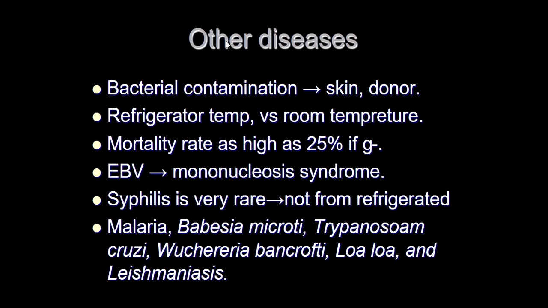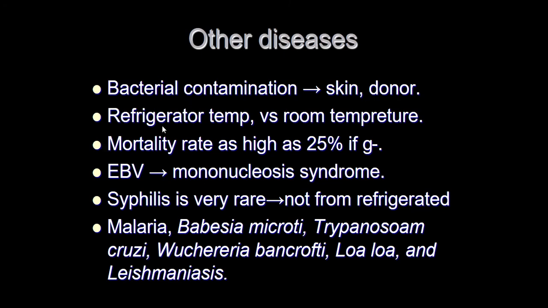Other diseases that can be transmitted by blood transfusion, like sometimes bacterial contamination from the skin, for example, or the donor skin. In phlebotomy, we have always to have a complete aseptic technique.